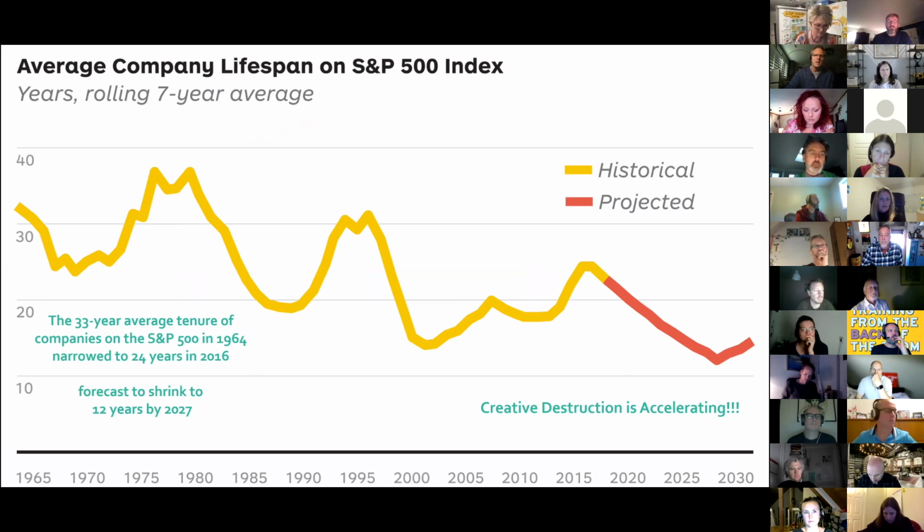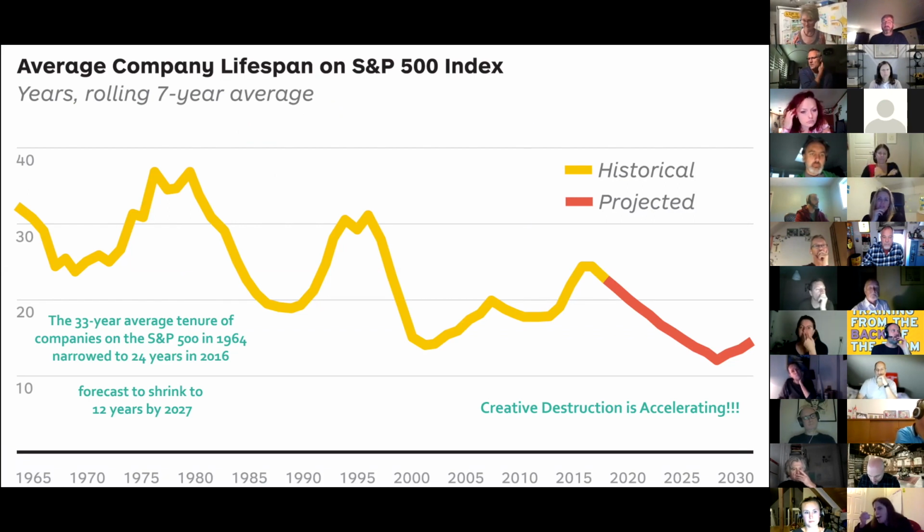And we can see this age of disruption showing up in many areas, of which one is how long a company exists. These larger companies used to run for longer periods, and the S&P 500 index is, you know, one measure.